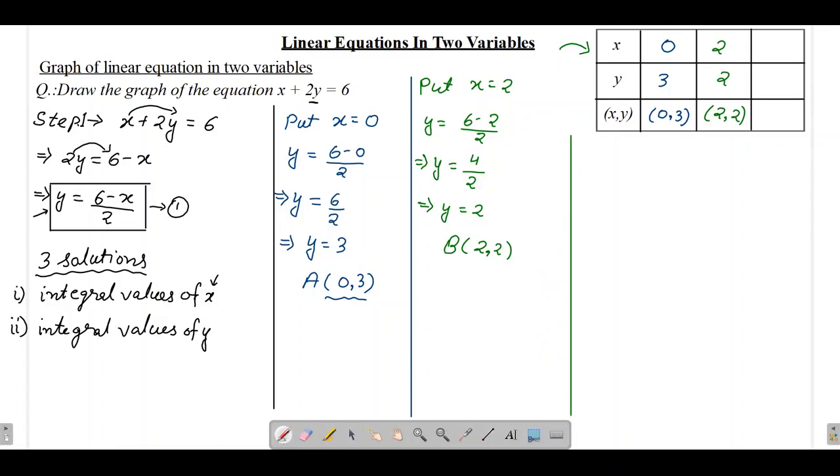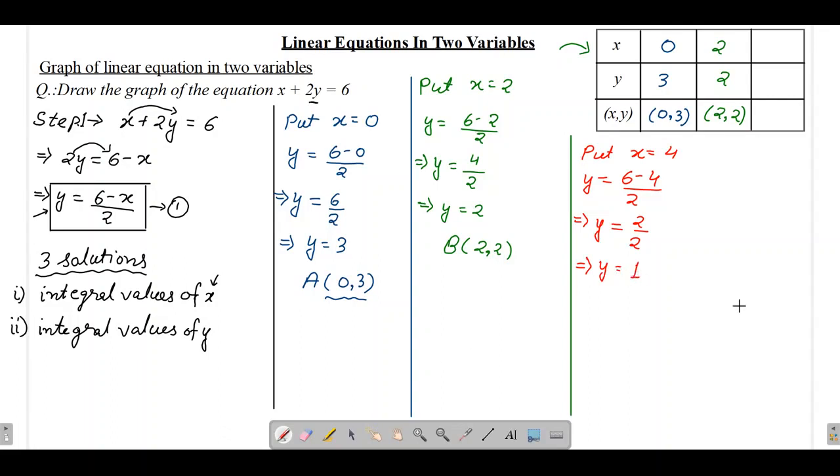To get the third solution, we will put x equals 4. Once again, I am avoiding 3 because it gives 6 minus 3, 3 by 2, which is again a fractional value. So y equals 6 minus 4 by 2, which on simplification gives y equals 2 by 2, and then y equals 1.